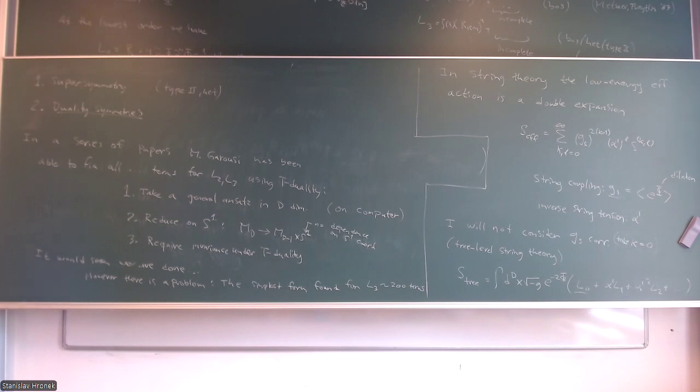So it's better than 1,000, but it's still too much to work with. You can't really do much with a Lagrangian which has 200 terms, unless you can put it on the computer.